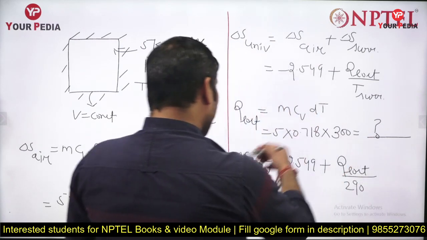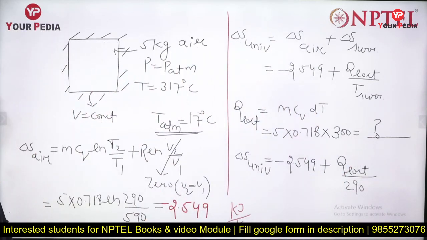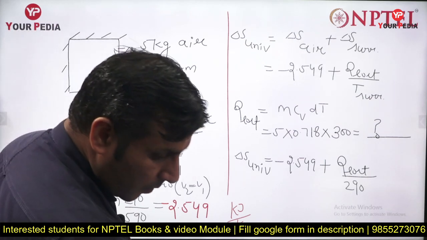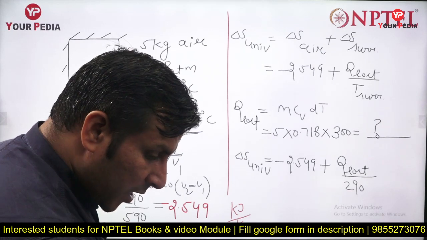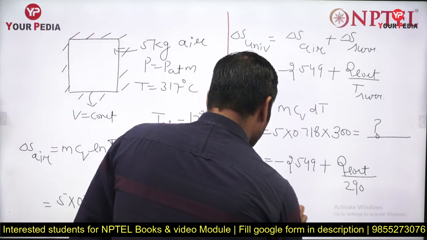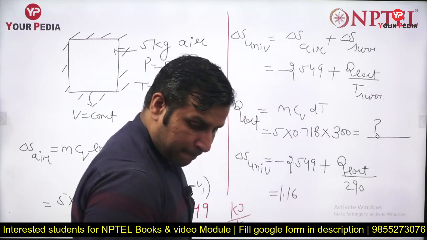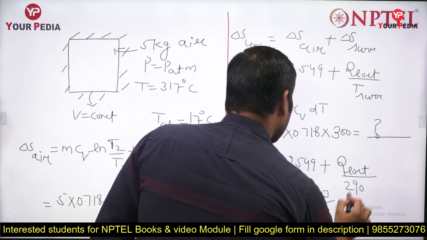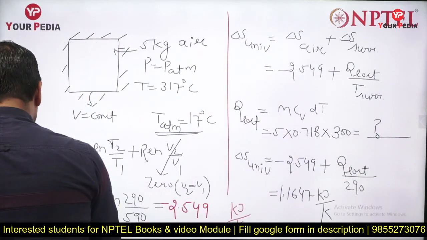Okay, so solving this, guys, you will get the entropy change of universe, which will come out 1.1647 kilojoule per Kelvin.